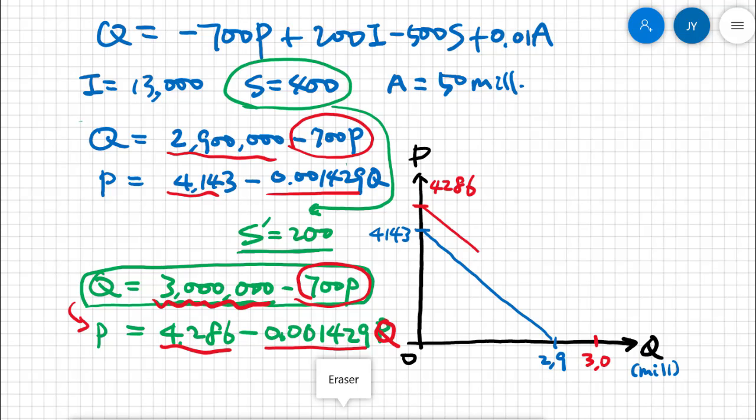So by connecting these two, you can see the new demand function D prime is the shifted version of the original demand function D. So there is a shift to the right or shift up when variables other than its own price change. So any exogenous shock, which refers to changes in other variables except its own price, shifts the demand function either in or out, or up or down, or left to right.